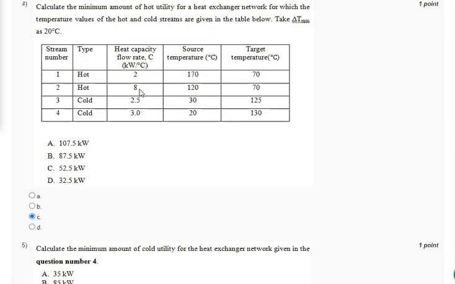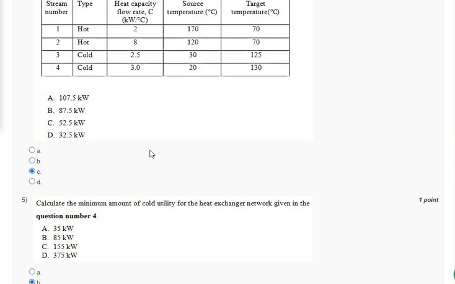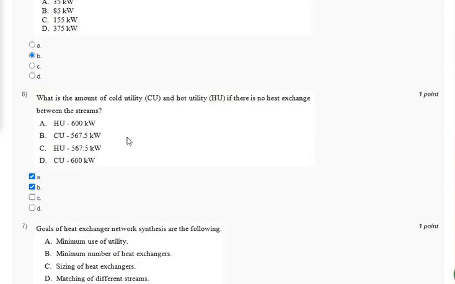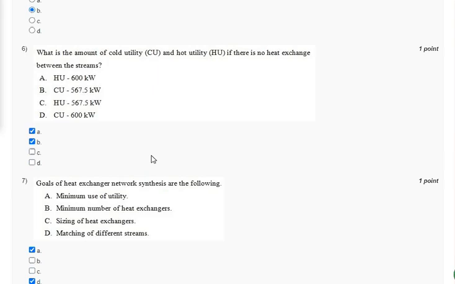For 2 also C into source temperature minus target temperature, then sum of these. You will get the hot utility 600 kilowatt, like that. For cold utility 567.5 kilowatt. So for question number 6, A and B are correct.